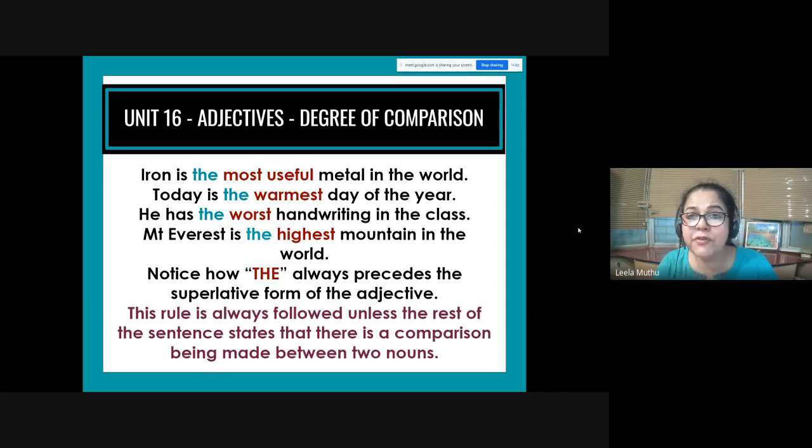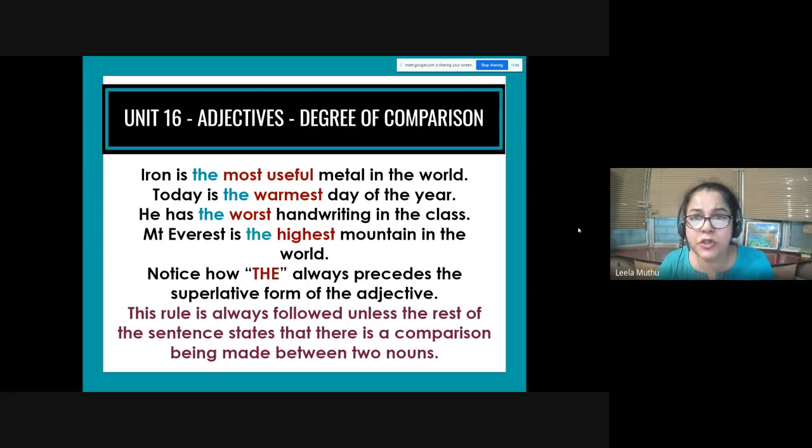Okay? For example, he has the better handwriting of the two. You won't say he has the best handwriting of the two. You say he has the better handwriting of the two. This rose has the sweeter smell of the two. Maybe you have a pink and a white rose. Let's say the white rose smells sweeter. So this rose has the sweeter smell of the two, right?